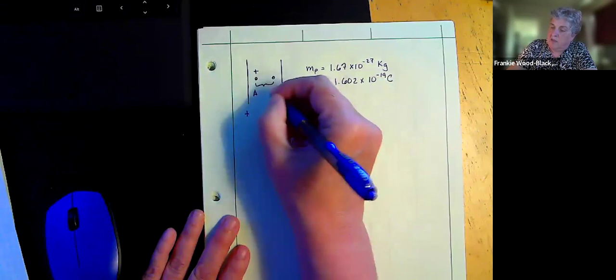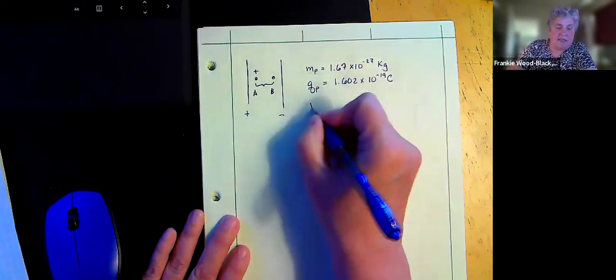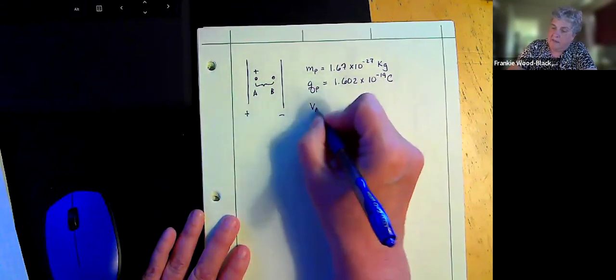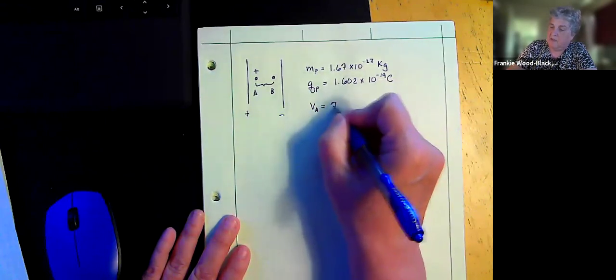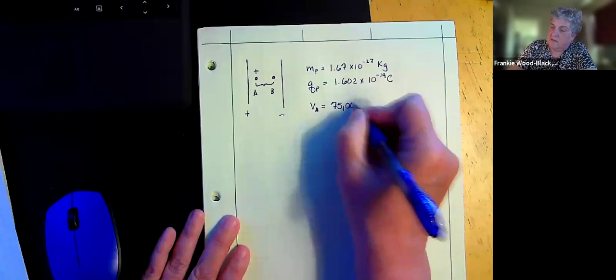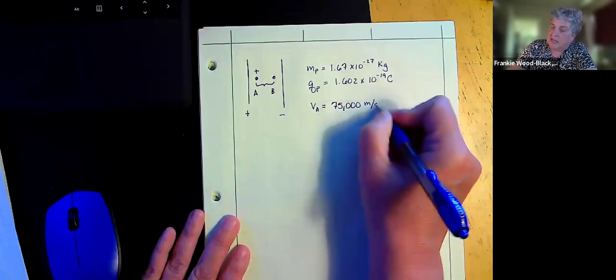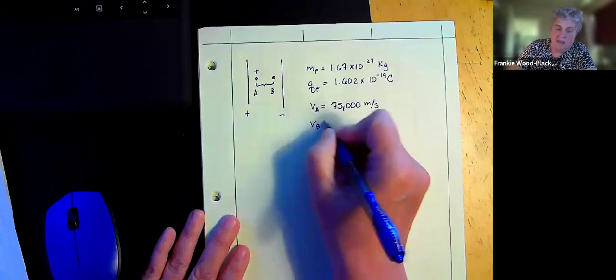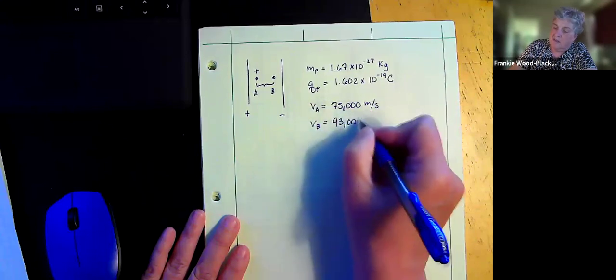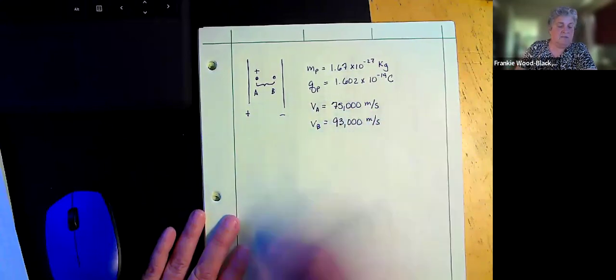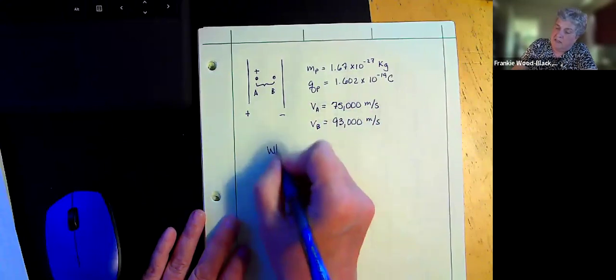We're going to call this point A, and this point B. The velocity at point A, little v, is 75,000 meters per second. The velocity at B is equal to 93,000 meters per second. We want to know what is the potential.